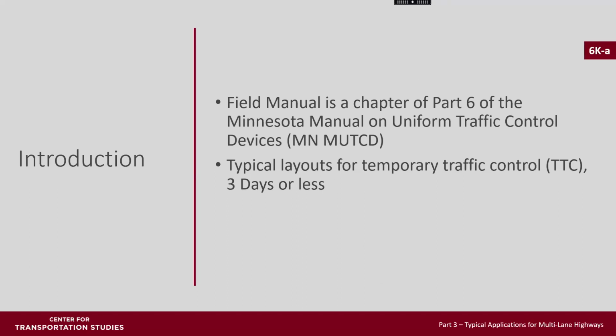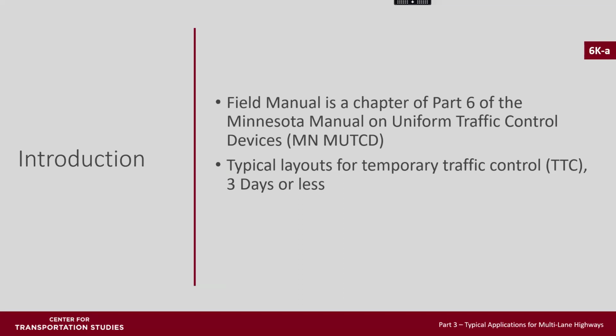The Minnesota Manual on Uniform Traffic Control Devices for Streets and Highways has been established to provide a uniform policy for all traffic control devices on all public streets, roads, and highways within the state of Minnesota. This manual was prepared pursuant to authority vested in the Minnesota Department of Transportation as provided in Minnesota Statute Section 169.06, Subdivision 1.